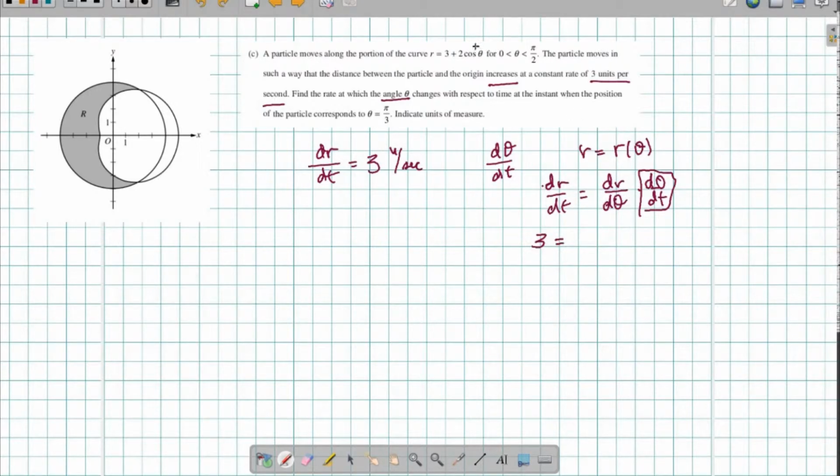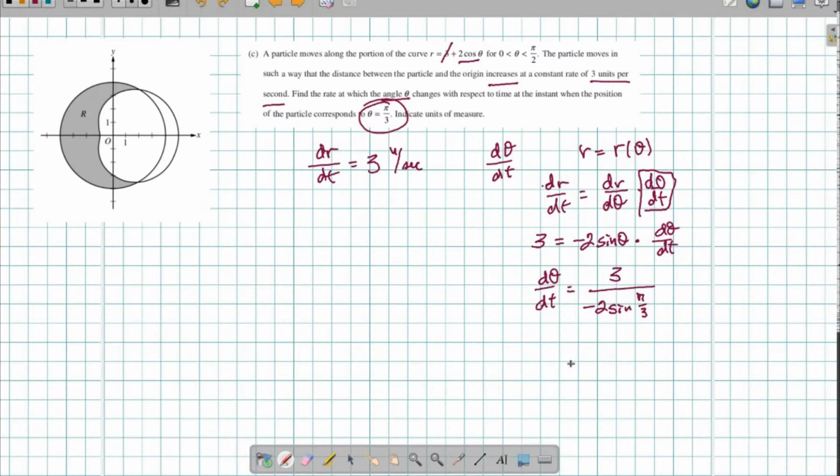I can find the derivative of r because the derivative of a constant is 0, and the derivative of cosine is negative sine. So I've got negative 2 sine theta times d theta dt. I'm interested in what's happening at theta equals pi over 3. So d theta dt is going to be equal to 3 over negative 2 times the sine of pi over 3.